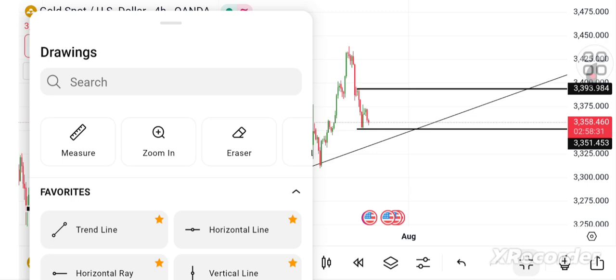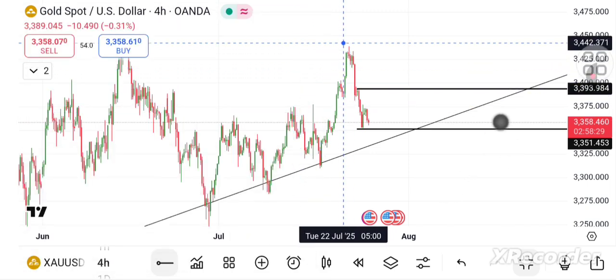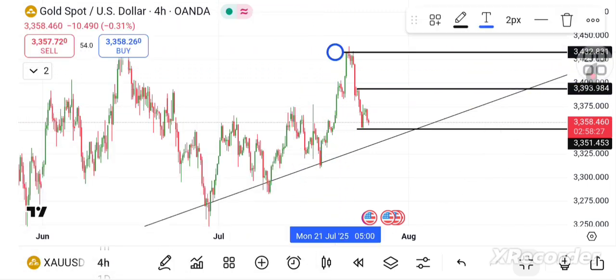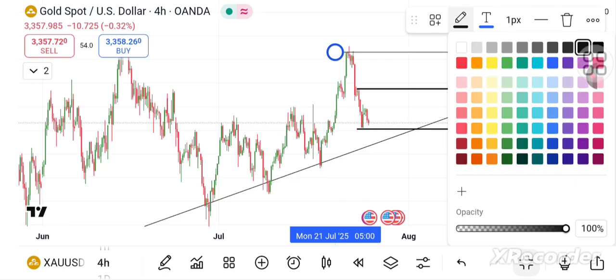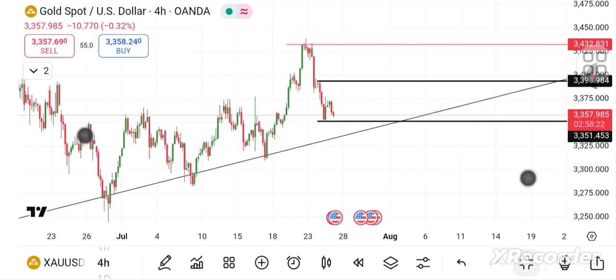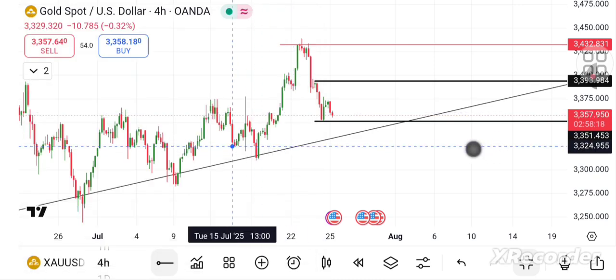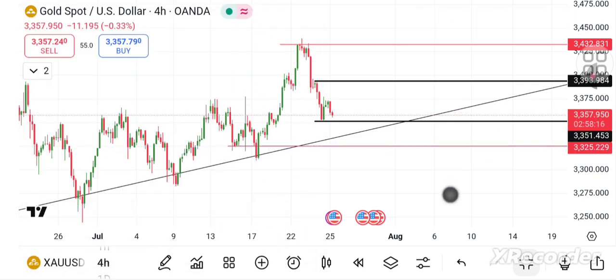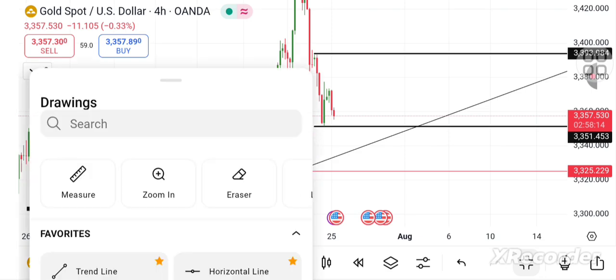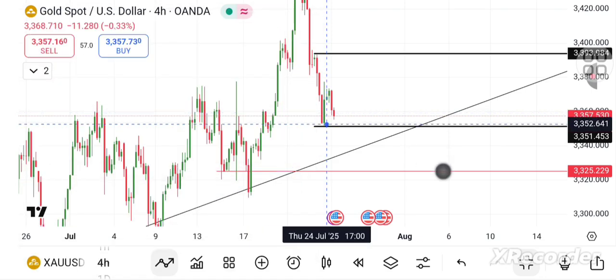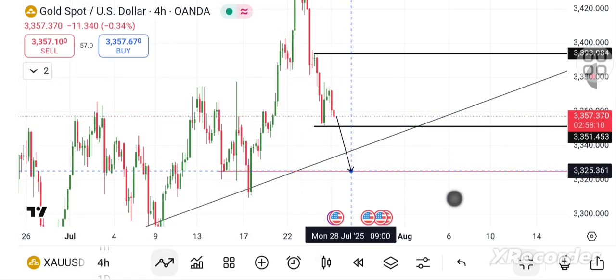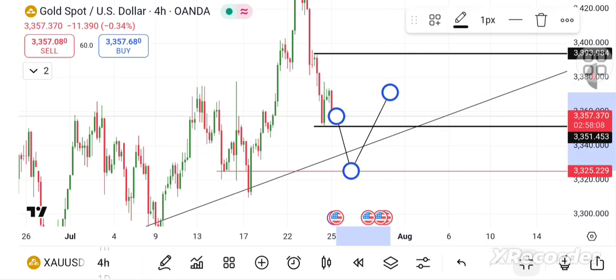So apart from that, what do we have again? We shall mark out this resistance. For our resistance, we have some key points like this point where we can expect a shoulder, a pattern forming like head and shoulders, if market comes here and goes back up.